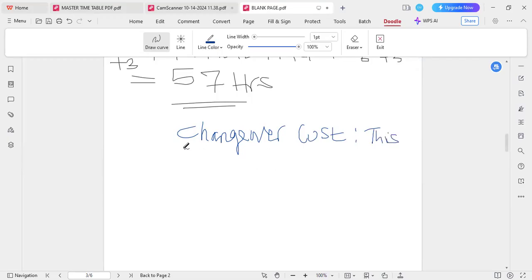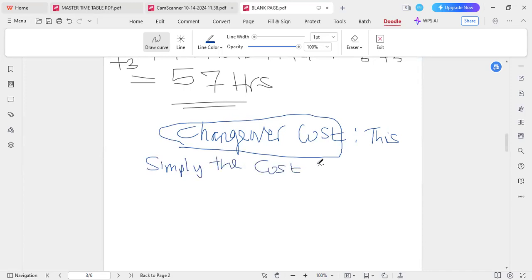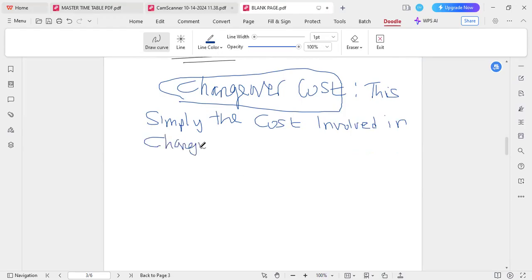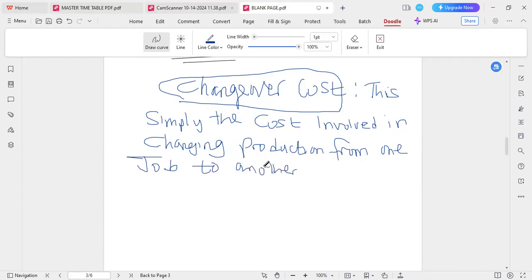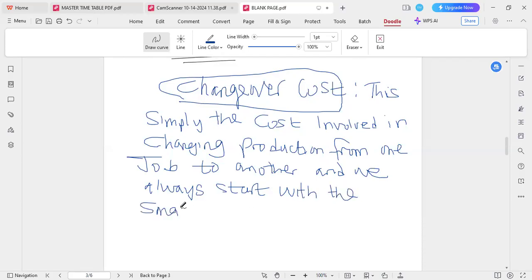So this is simply the cost involved in changing production from one job to another, and we always start with the smallest cost when answering the question.